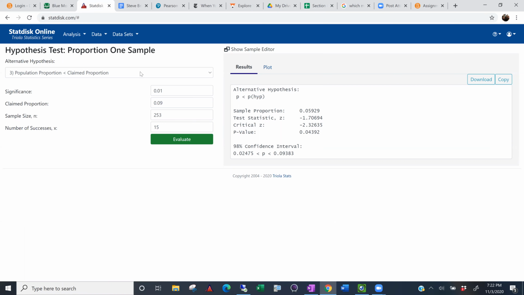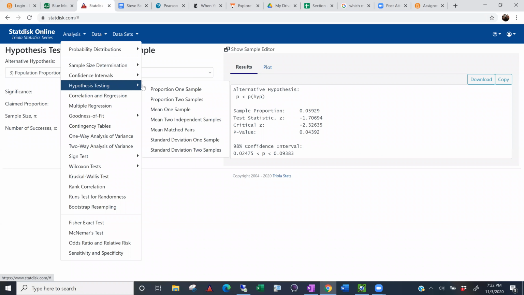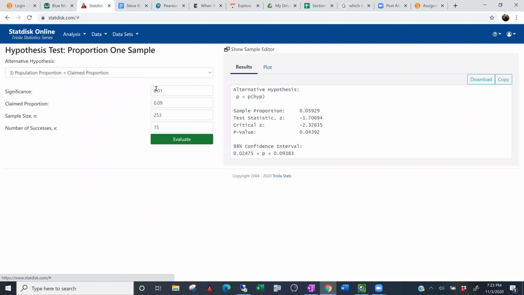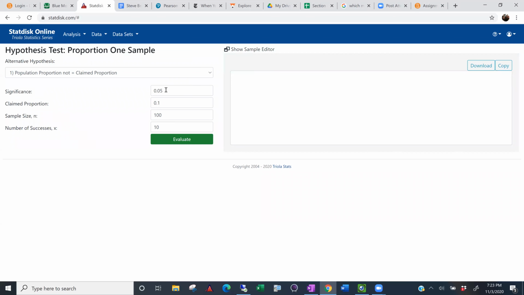All right, so as a reminder, go to analysis, then hypothesis testing, then proportion one sample. And it kind of clears things up a little bit for me. That's okay. Before I forget it, let's put in the form of the alternative hypothesis.